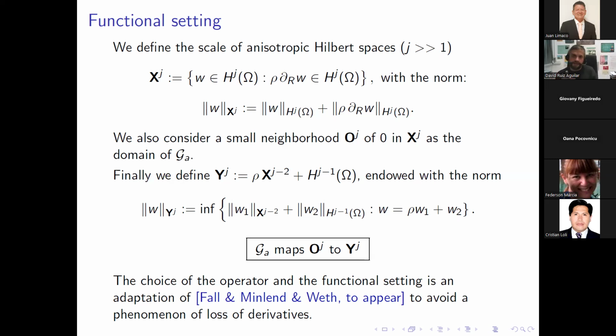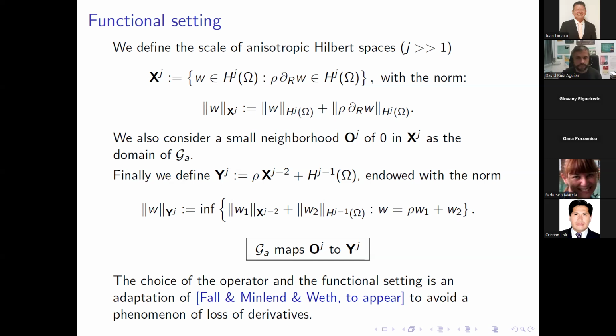But by posing this problem in anisotropic Holder spaces, they were able to overcome this difficulty. So what we have done is to take their setting and adapt it to the Sobolev case. And we need to use Sobolev spaces because in what follows, the linearized operator is going to be singular, and to deal with it, we need to go to Sobolev.